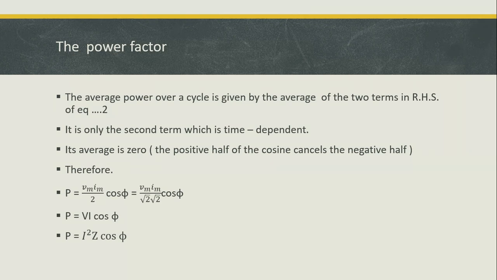Its average is 0. The positive half of the cosine cancels the negative half of the cosine.